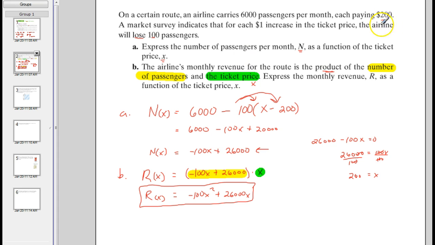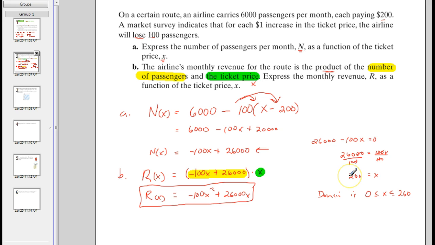We're paying $200 now. If we set it above $260, what this is saying is we're not going to get any passengers. If we set it any more than that, we're going to have a negative number of passengers. Alright? So the domain of this thing is 0 is less than x, less than or equal to 260.